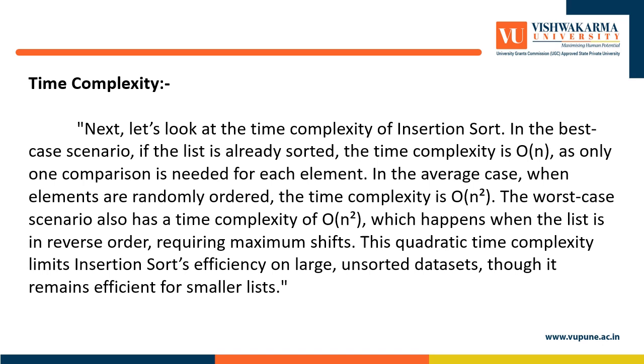The worst case scenario also has a time complexity of O(n^2), which happens when the list is in reverse order, requiring maximum shifts. The quadratic time complexity limits insertion sort's efficiency on large unsorted datasets, though it remains efficient for smaller lists.